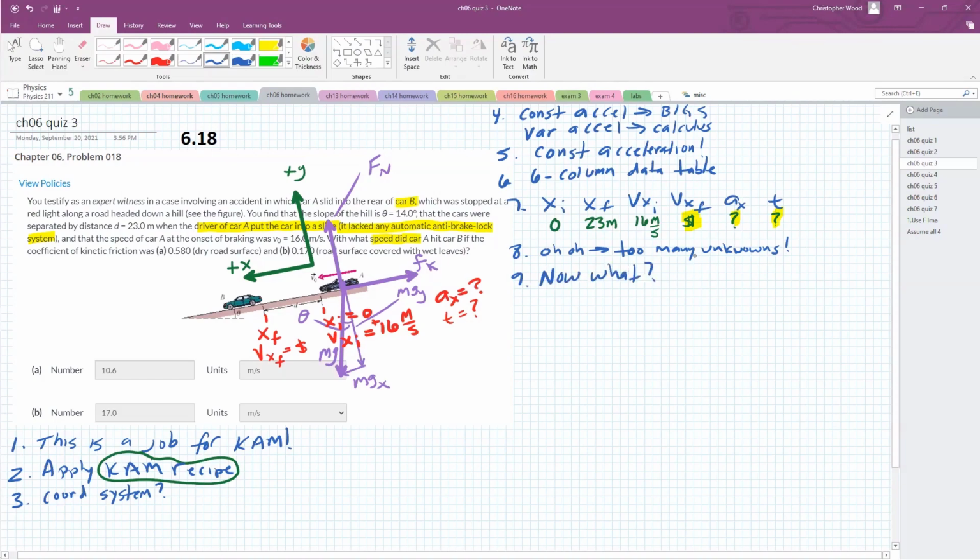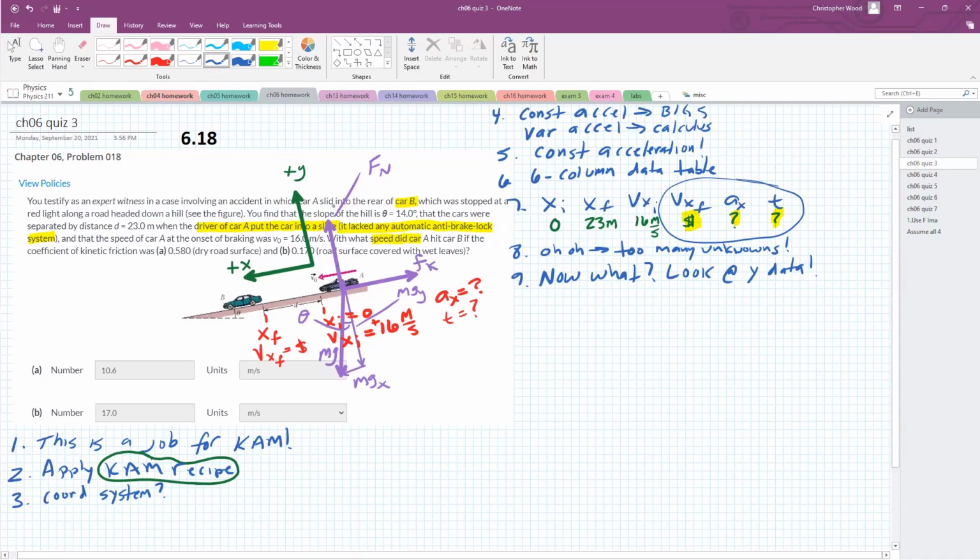A knee-jerk reaction is, for me at least, to look at a Y force inventory. No, not look at Y data. I don't think looking at the Y data is going to help me find any one of these variables.